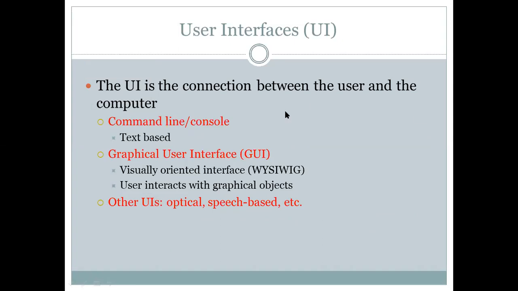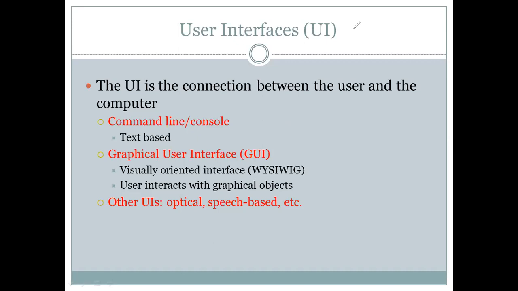So let us discuss. First is user interface. What do you mean by user interface? User interface is nothing but how the user is going to access the different applications provided by Windows.